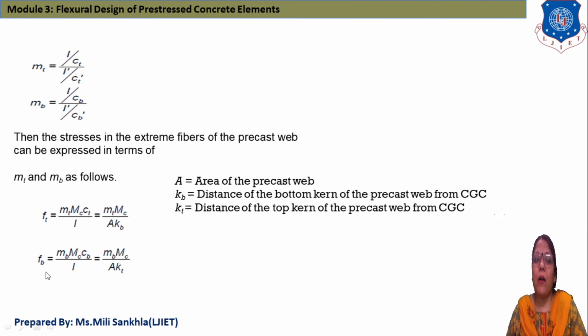Now FB is the stress in the bottom zone, MB MC CB by I, that is MB MC by AKT. We can write it in this form also. Here A is the area of the precast web, KB is the distance of the bottom kern of the precast web from CGC, and KT is the distance of the top kern of the precast web from CGC.